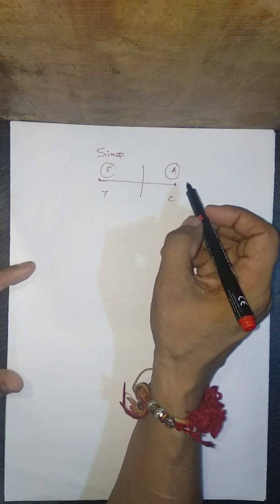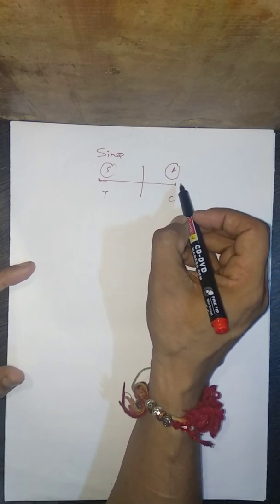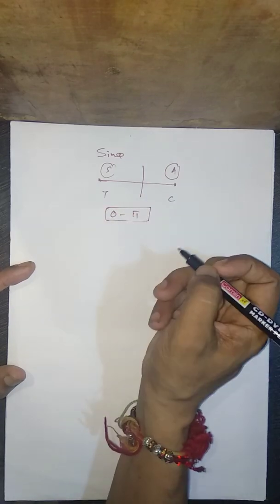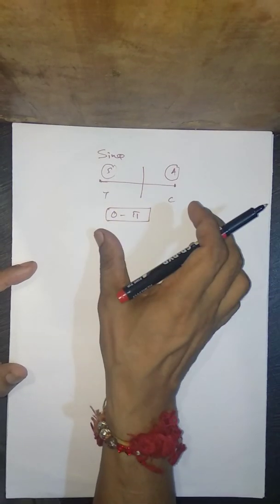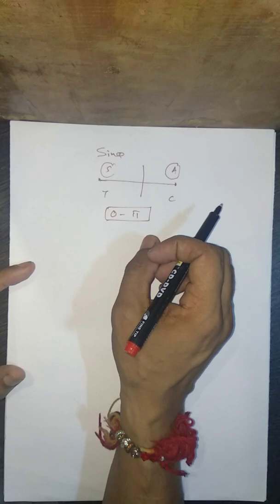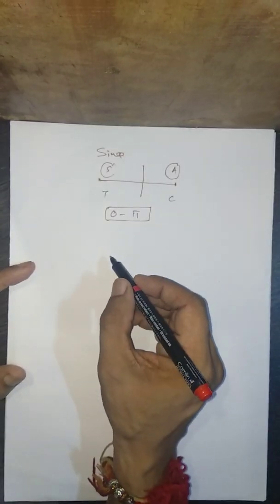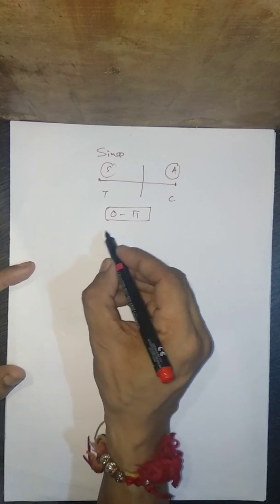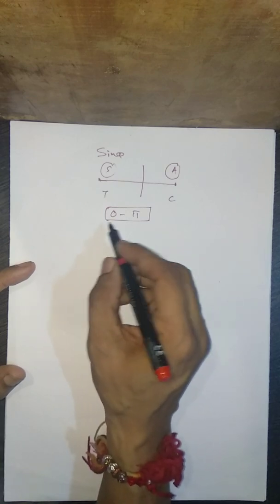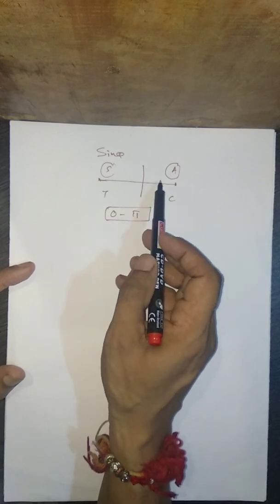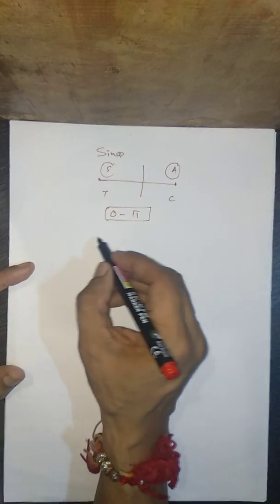It means the values of sine from 0 to pi are positive in the first and second quadrant. Sine will give the same value simultaneously in the first and second quadrant.